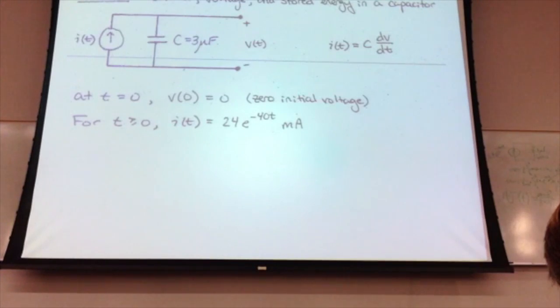All right? 24 times 10 to the minus. So we're good now, okay? Everybody with me? I just made a mistake on the milliamps. It's right here. And up here. So now this becomes minus 3 down here.